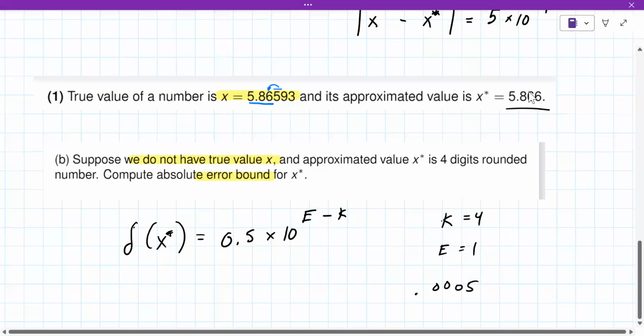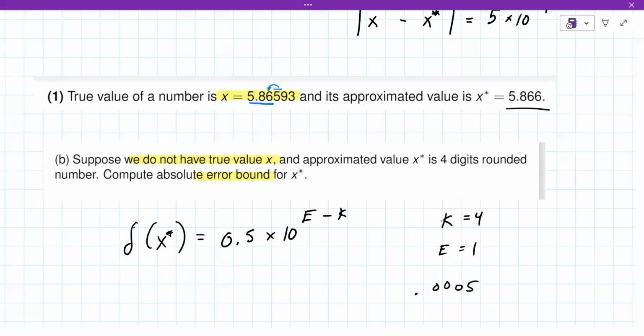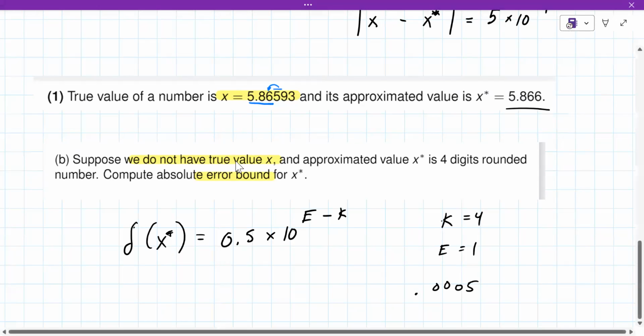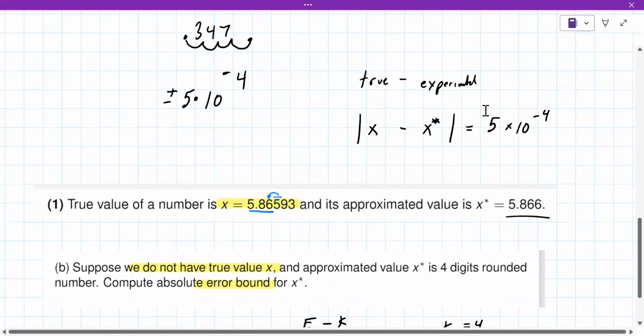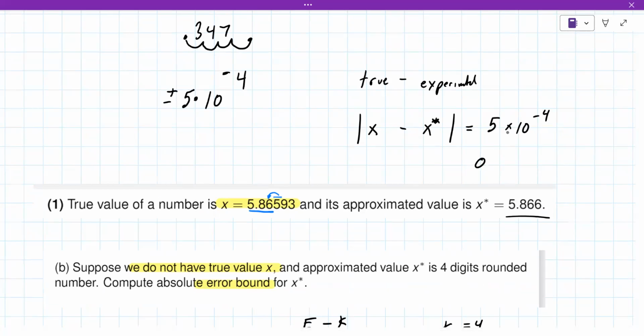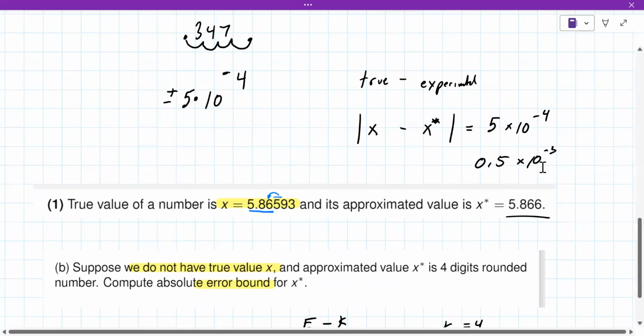That's your 4-digit rounded number. 1, 2, 3, 4. They're saying it's off in the 4th decimal place. That's where this comes in right here. Okay. So this is correct, although they don't use pure scientific notation in your class. They use 0.5 times 10 to the minus 3 when you move it like that.